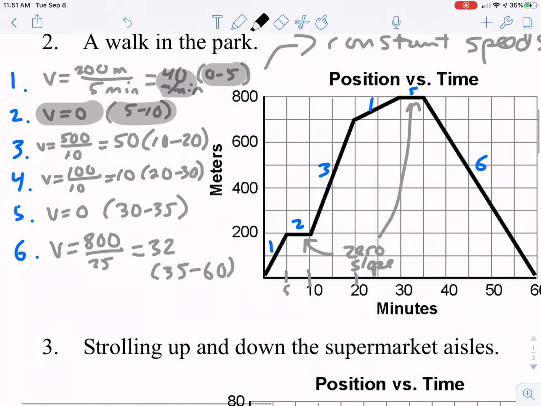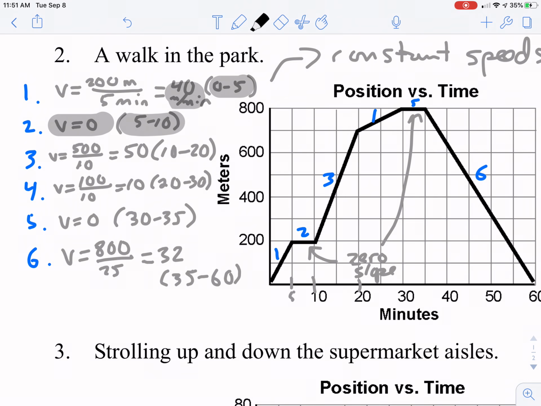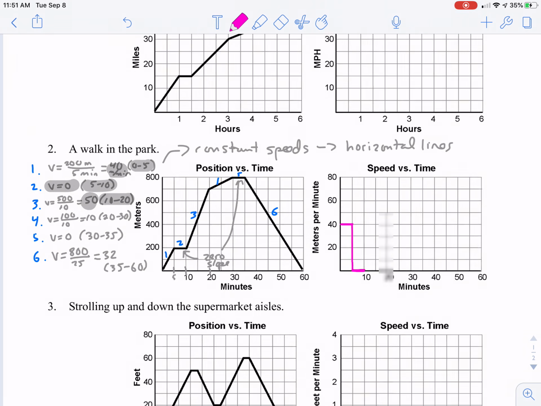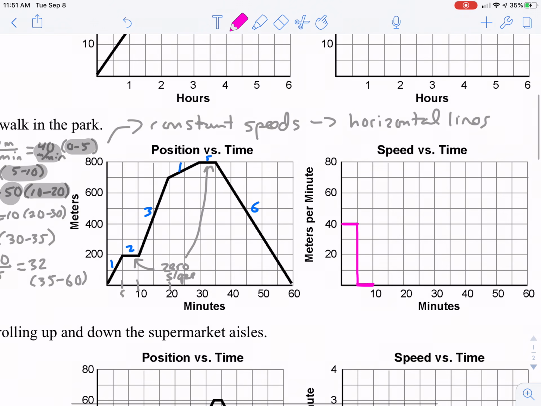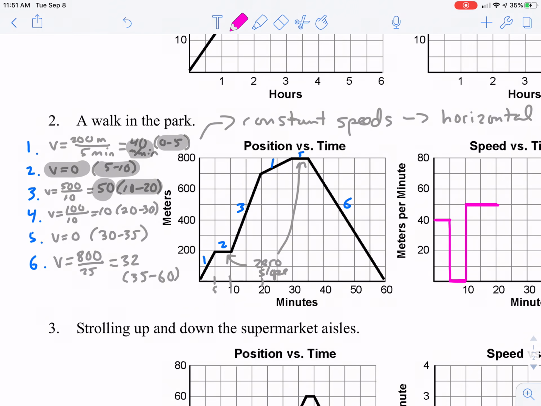Our third line segment, we are going 50 meters per minute from 10 to 20 minutes. So we're going to go up to 50, and we're going to draw a horizontal line for 10 minutes. And again, if you want to connect them, go ahead. Okay, and then the fourth line segment was 10 meters per minute from 20 to 30 minutes, excuse me.